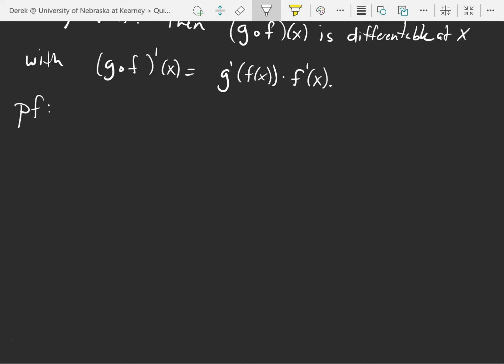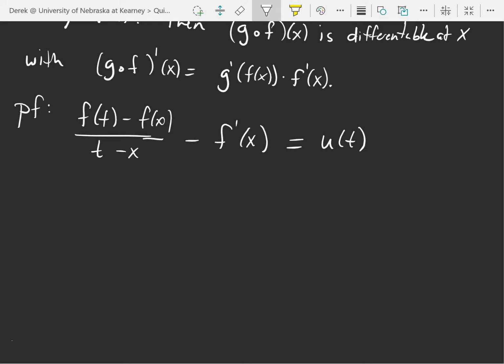We don't have to do epsilon deltas that way. So let's look at f of t minus f of x over t minus x minus f prime at x, and we're going to define this to be u of t.